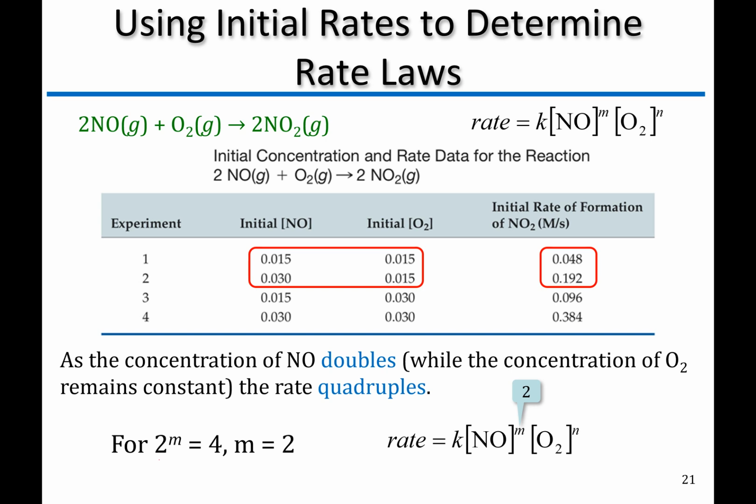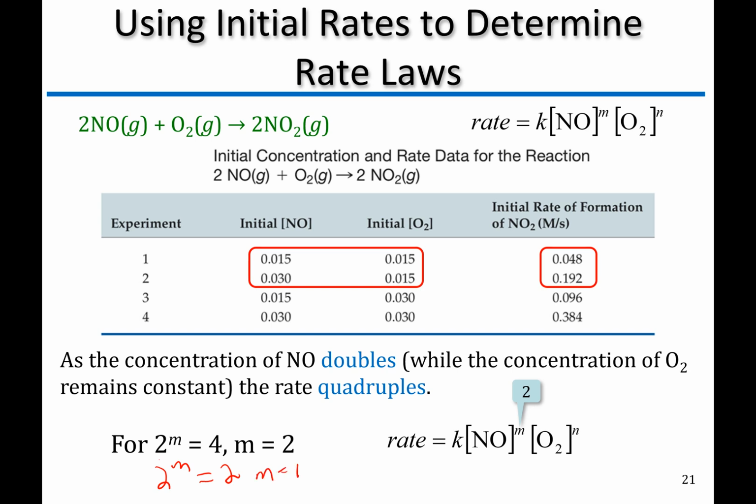Now we have to solve for m. If 2 raised to the m is equal to 4, what value makes this true? Of course, 2 squared gives us 4, which means the value of m is equal to 2. If instead we had 2 raised to the m is equal to 2, what value of m makes this true?